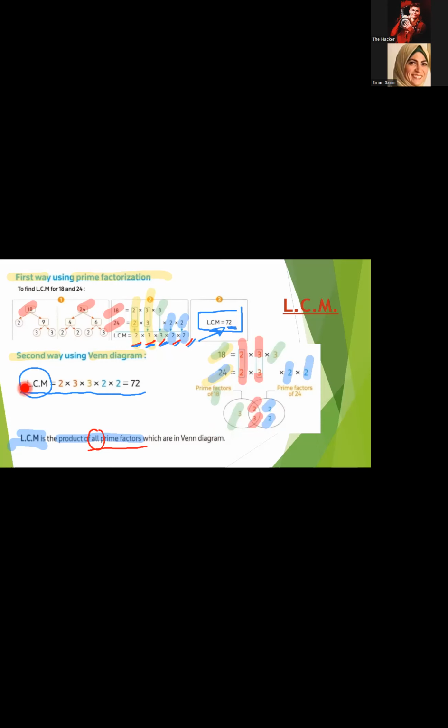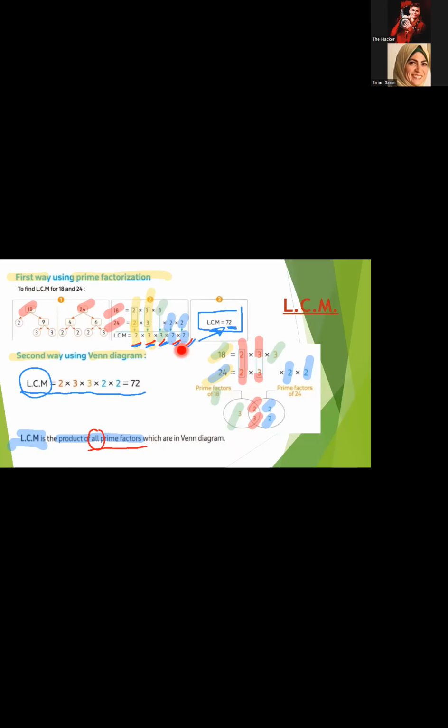And then I calculate the LCM, knowing that it is the product of all prime factors in the Venn diagram. So I'll multiply 3 times 2 times 3 times 2 times 2. It gives me 72. So I find the LCM by two ways. First way, make the prime factorization, write the two lines, and multiply the factors.